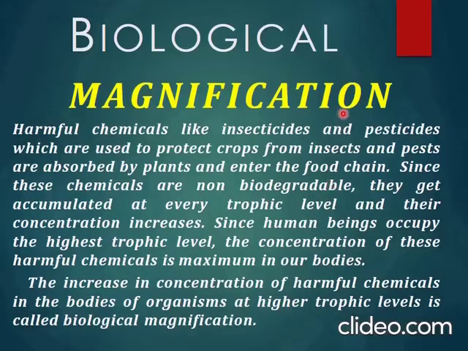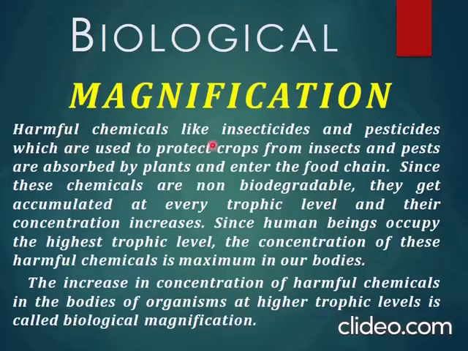So we know that human beings are at the top of every food chain, and at every level the chemical percentage is increasing, so humans have the maximum concentration of harmful chemicals in their body. The increase of percentage of chemicals at every trophic level of the food chain is known as biological magnification.